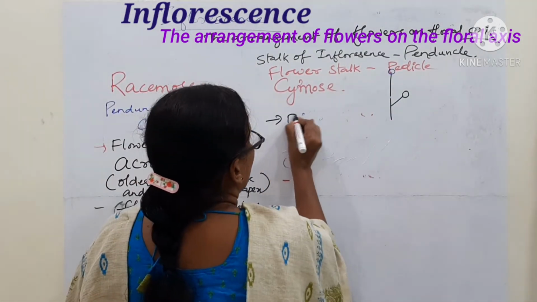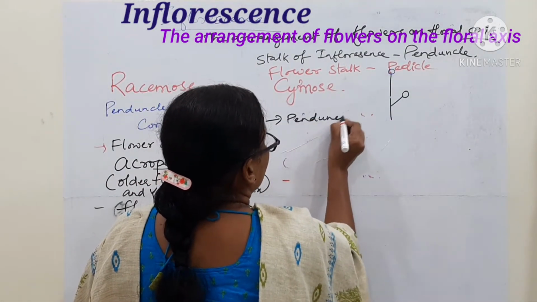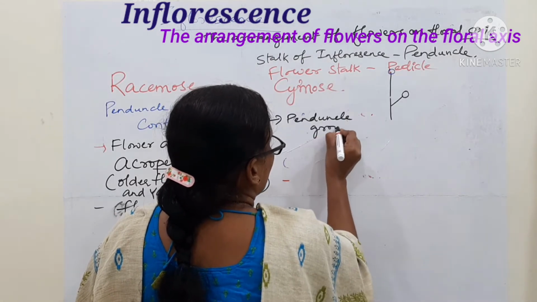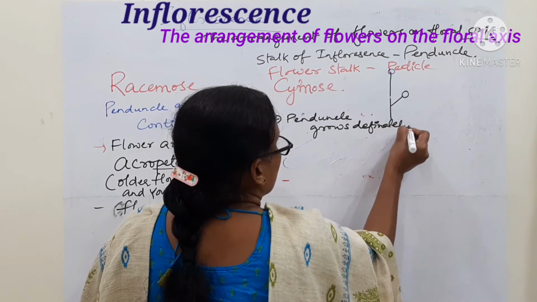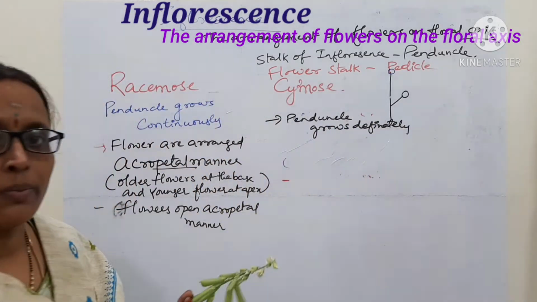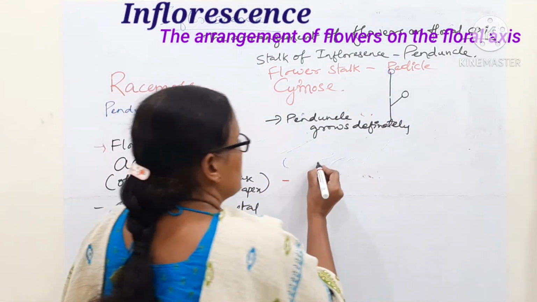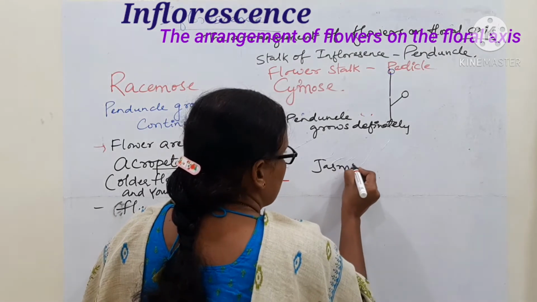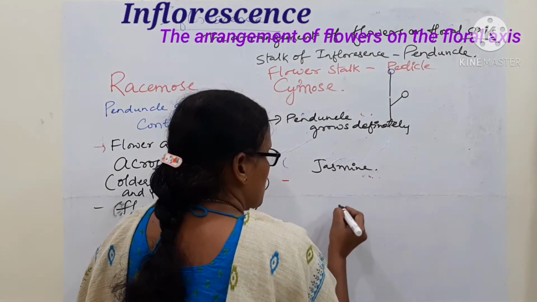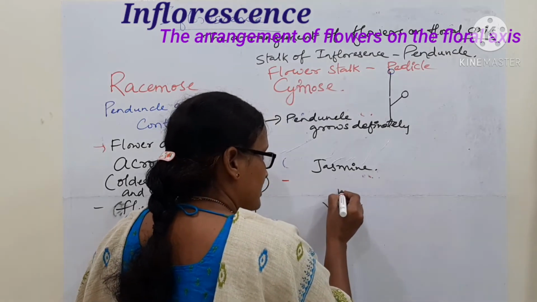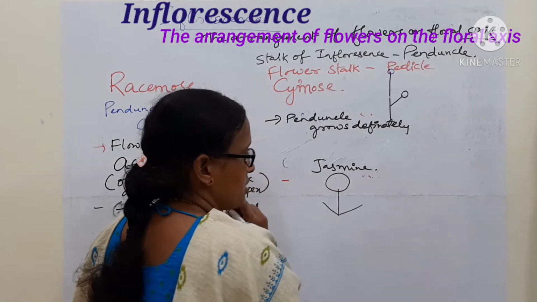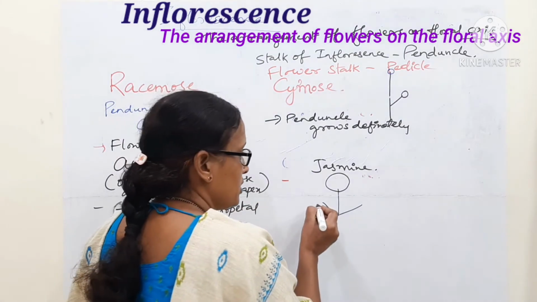In this, the peduncle grows definitely, so the peduncle growth is stopped. If you observe jasmine, here we observe three flowers, and the center flower blossoms first.